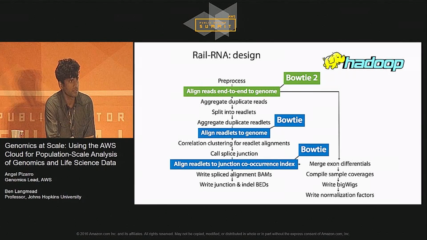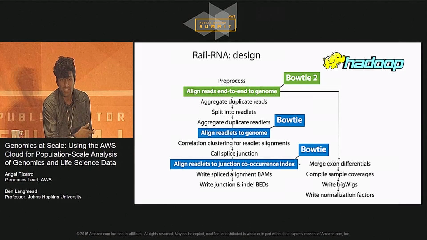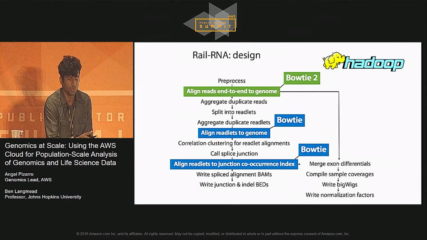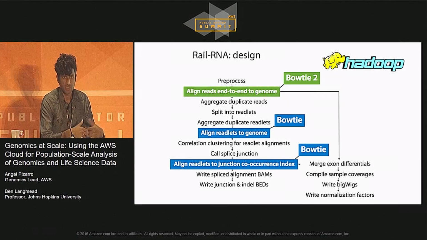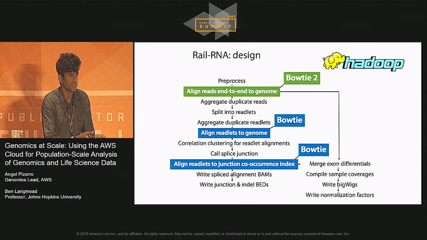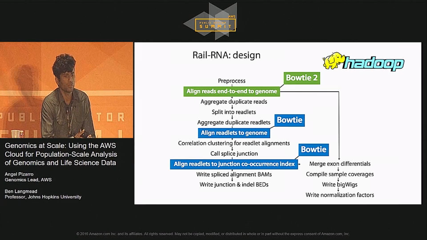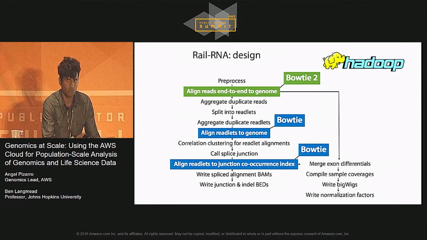Hadoop also allows us to easily aggregate information collected from across many samples. For instance, we can juxtapose in our outputs the samples in which we find the same feature. So for example, let's say we have some threshold for genome coverage above which we say a gene is expressed in a sample.